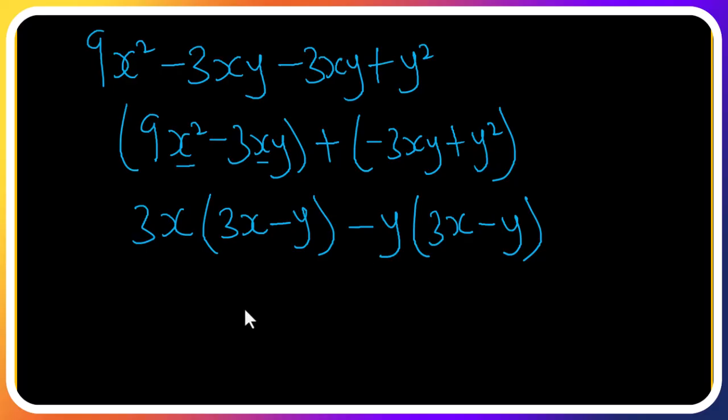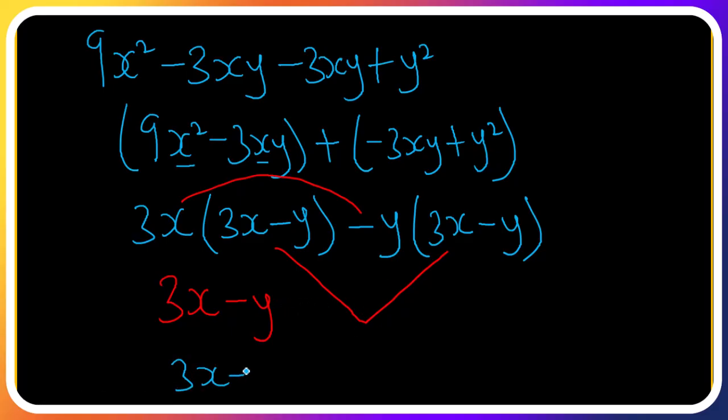So we pick one as 3x minus y, which is the combination of these two, and then we pick one of this. So this is similar to this, so this is a compound factor. Now we pick one of it, 3x minus y as one factor and 3x minus y. So these two factors are the same, so we can simplify this as a perfect square.